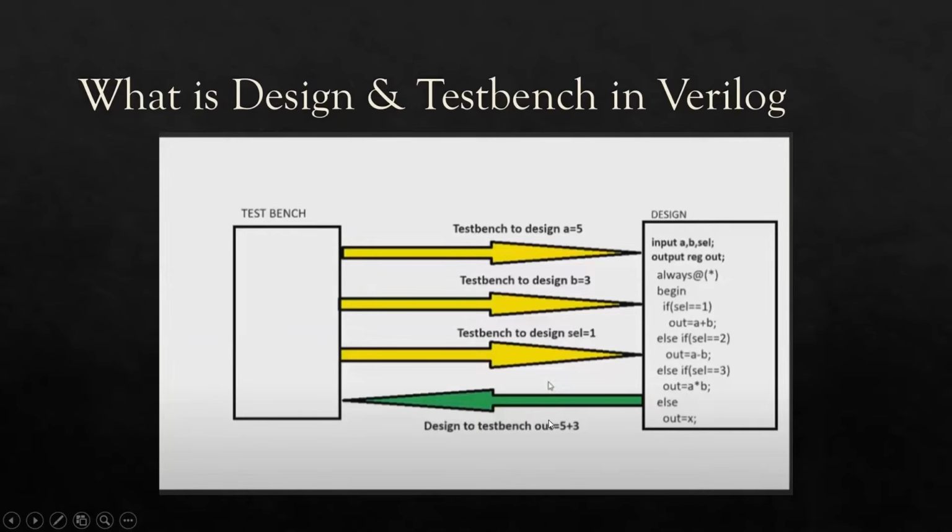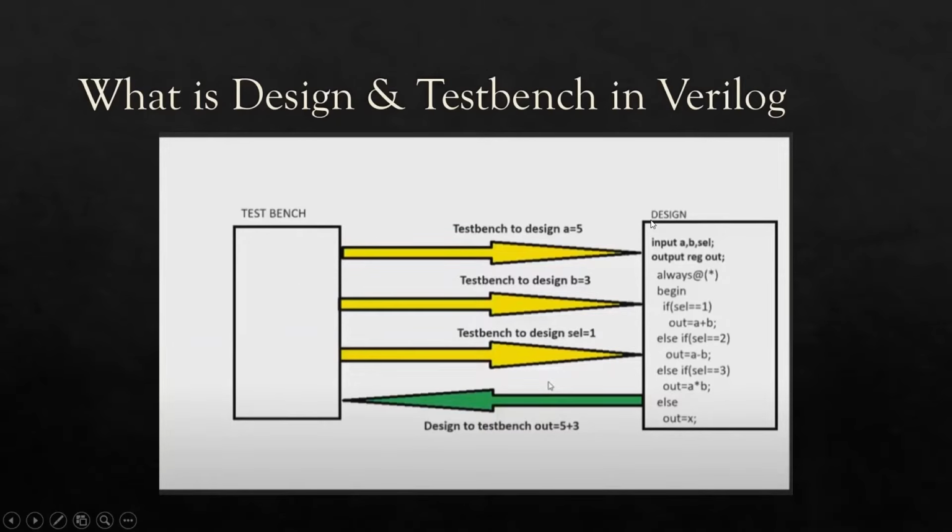So what is the output? 5 plus 3, 8. This is the green line. It shows the output from the design to the test bench. Once we have received the actual output in the test bench, we can verify whether we have received the correct result or not by writing our own logic. That's called a self-checking test bench.